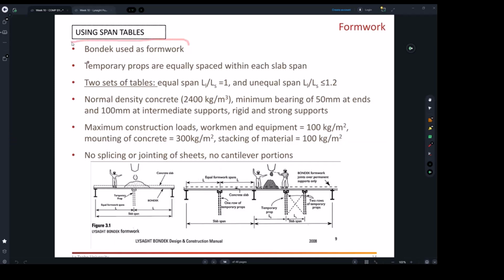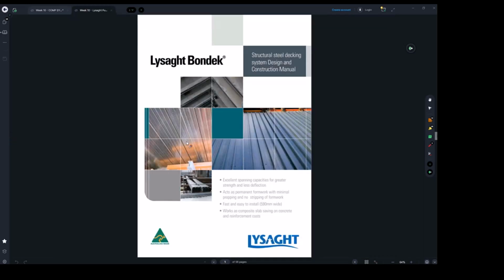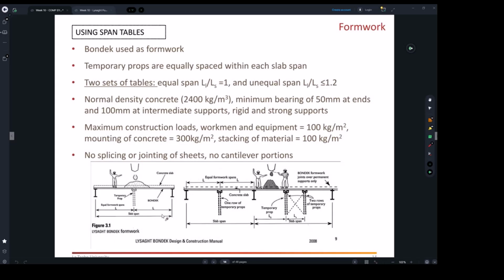In real practice there are different brand names, but in a test, we will give you a set of tables from maybe Bonding or from another product. It doesn't matter for you. You will be given tables in case you are asked questions like this.